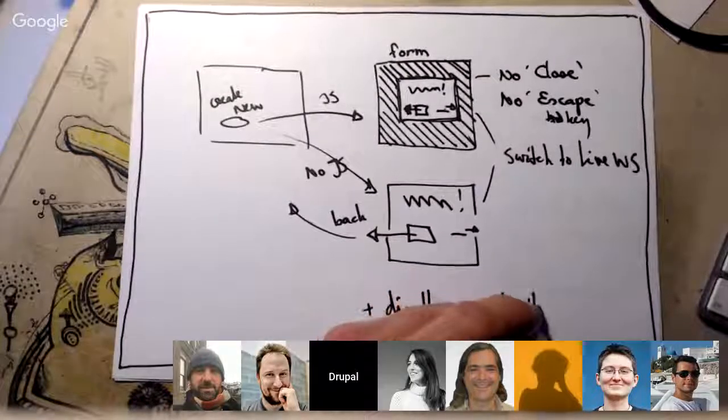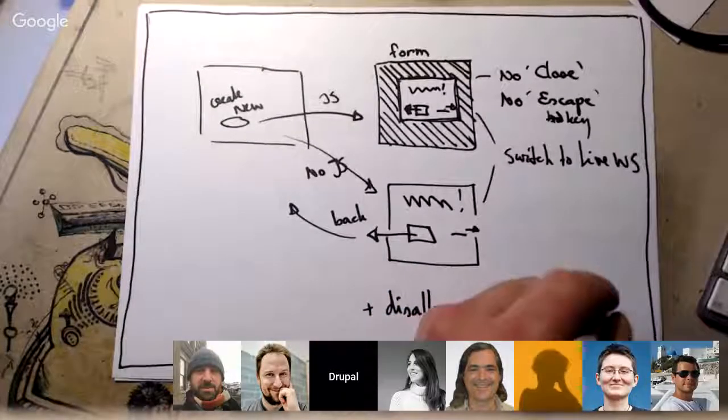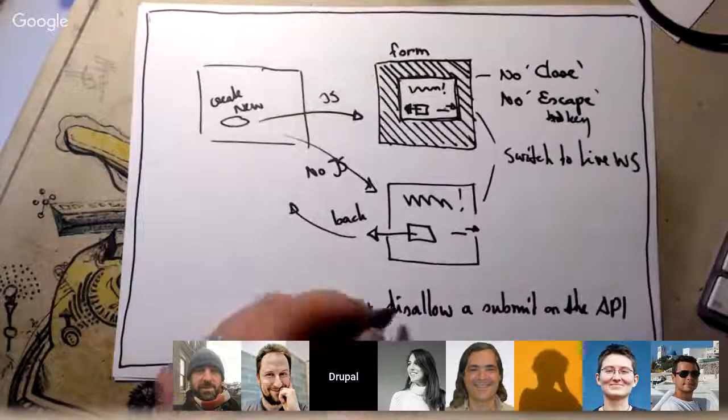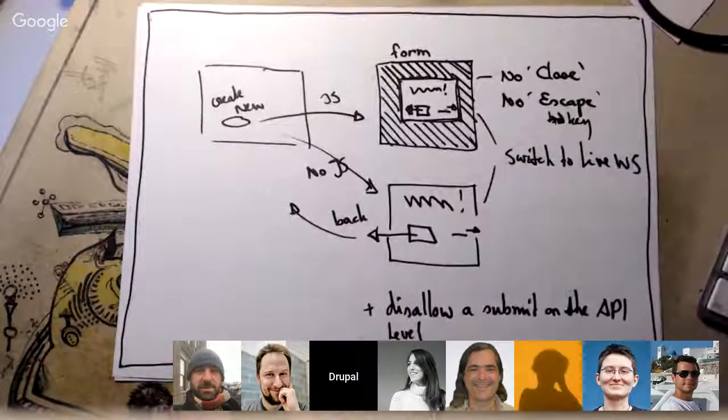So we have multiple barriers in place. First is the UI one, but also on the API level. I think it will be needed.